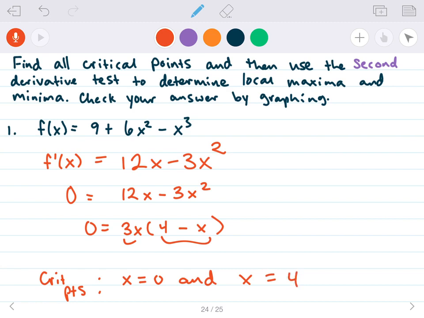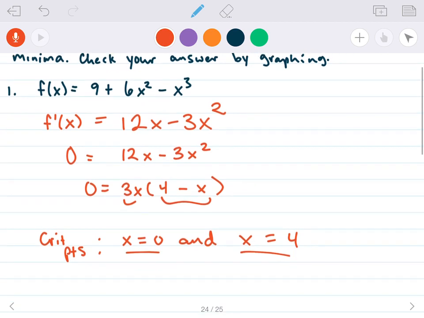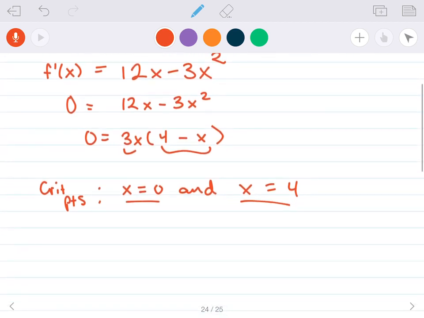So now we want to do the second derivative test with these two numbers to see if it's a local max or min. So what's the second derivative test? Well, we need to take the second derivative and plug in our critical points. So the second derivative is just 12 minus 6x.